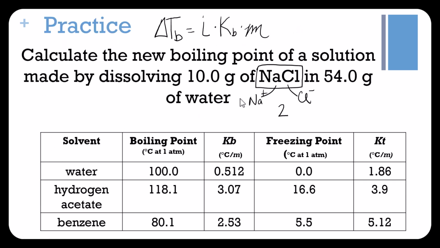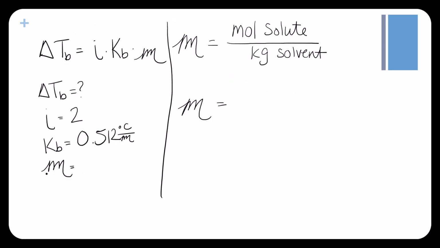Our solute in this case is sodium chloride. Of course, it doesn't give it to us in moles. It gives it to us in grams. So we just have to do a quick grams to moles conversion to get that top number.